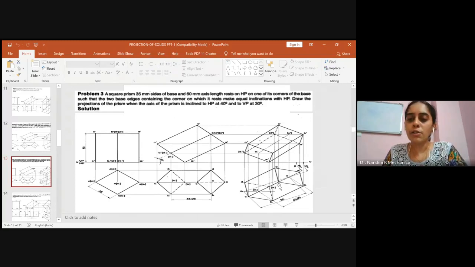So then the locus of C is meeting C dash at this point. So this is our C dash. Locus of D is meeting D dash along this point. So this is our D dash. We got all the 4 corners. Then the center. Locus from O is meeting O dash at this point. So this is our O dash. Okay, so this is the naming of the top surface.